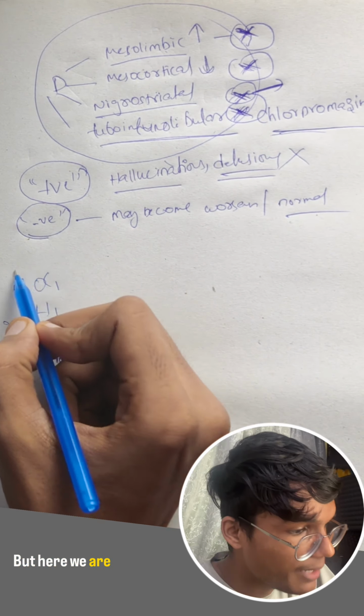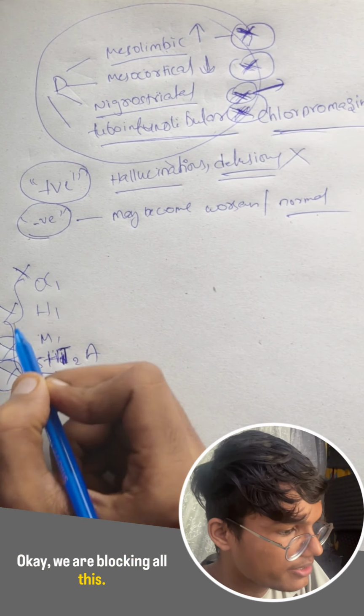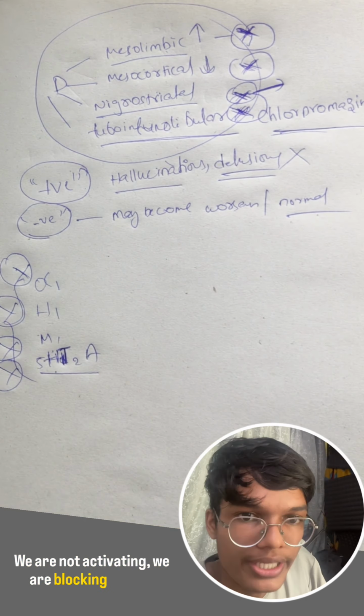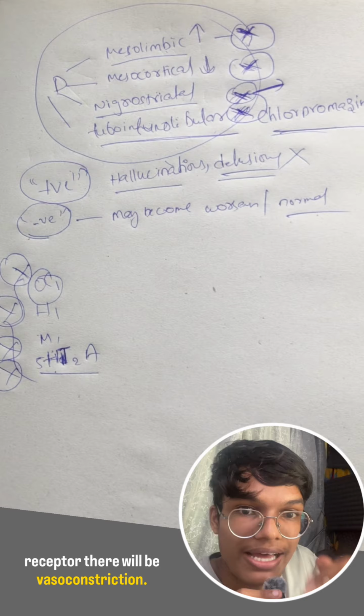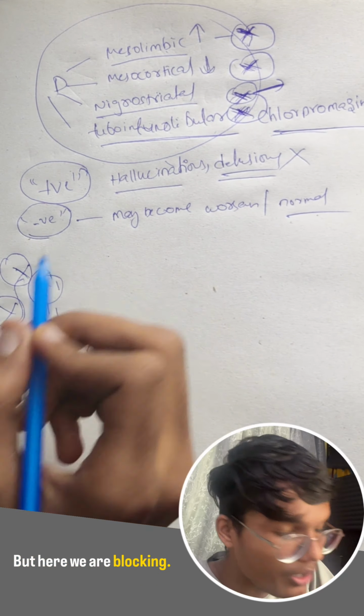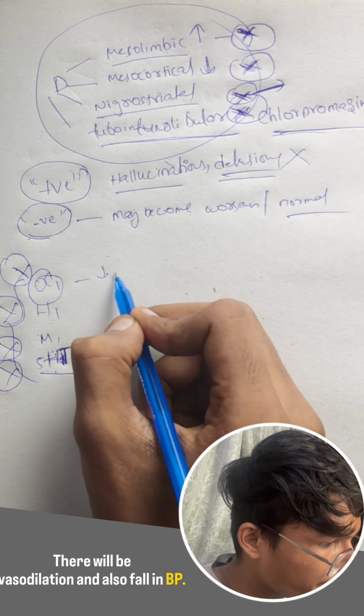But here we are blocking it. Normally through the alpha 1 receptor there will be vasoconstriction, but here we are blocking, so there will be vasodilation and also a fall in BP.